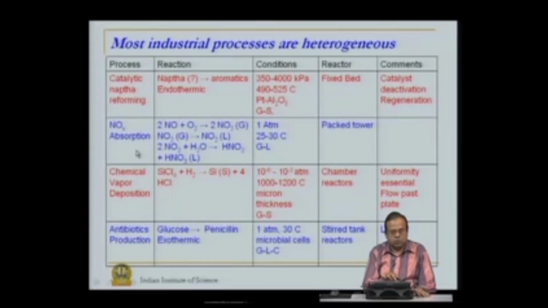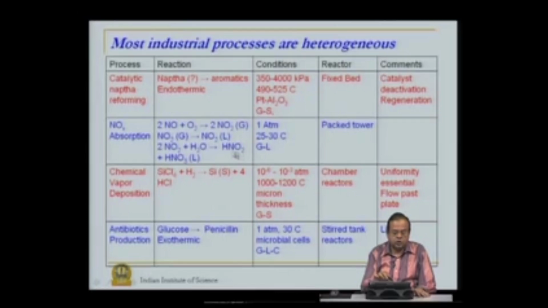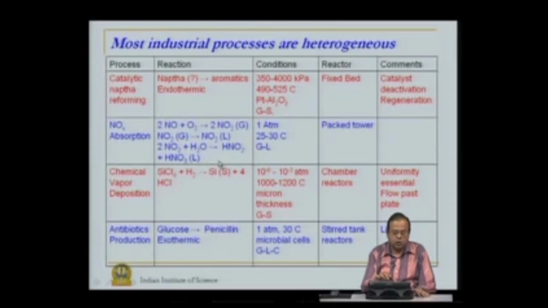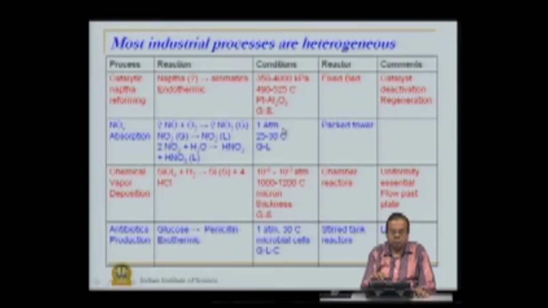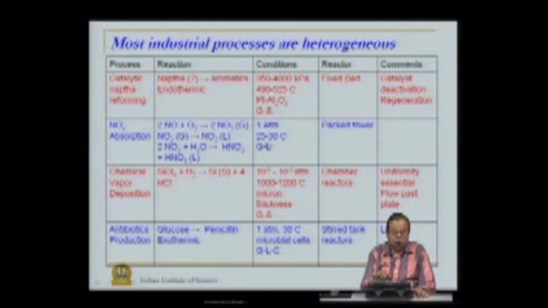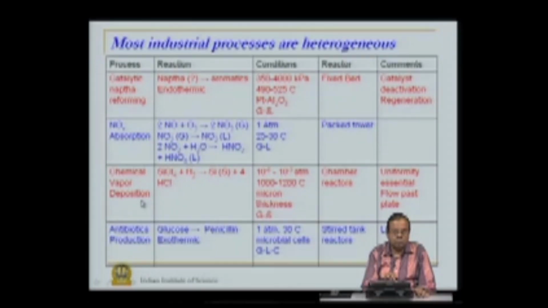NOx absorption, again an environmental problem, where you want to absorb these obnoxious gases into water, a gas liquid reaction, at fairly mild conditions, actually atmospheric pressure and ambient conditions, but it gives rise to various interesting phenomena. Again an example from semiconductor industry, chemical vapor deposition.